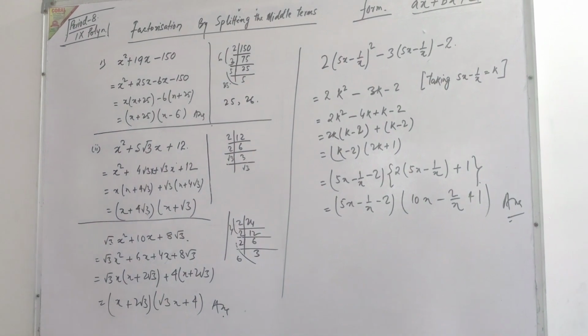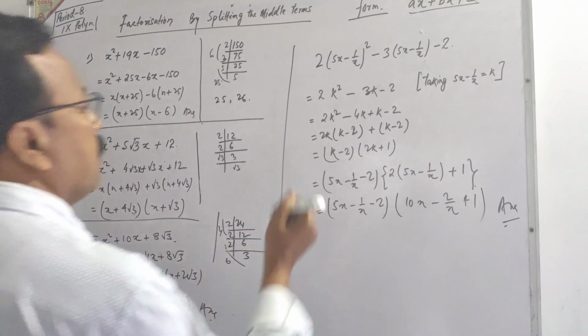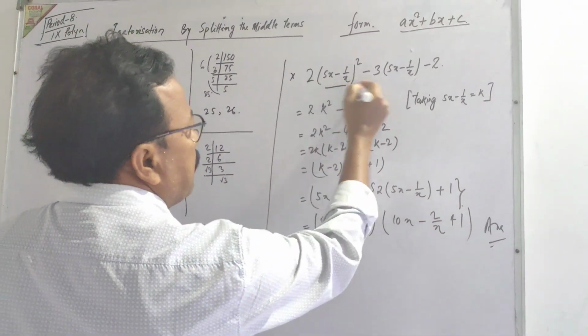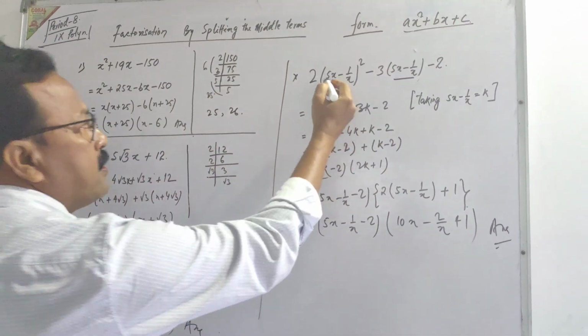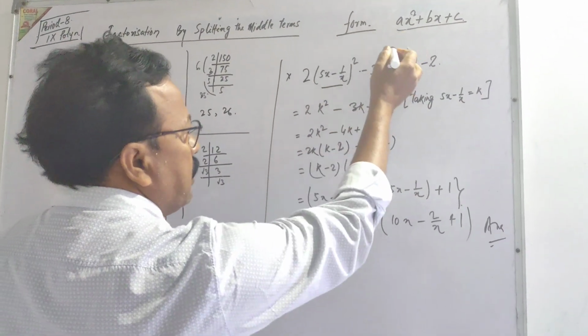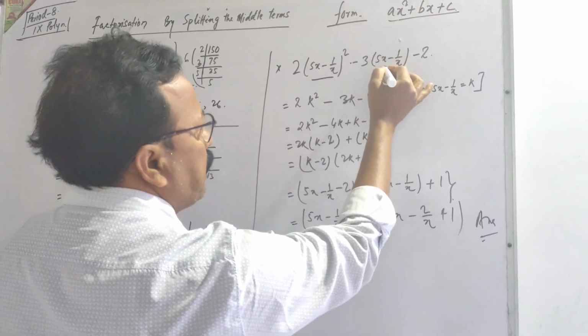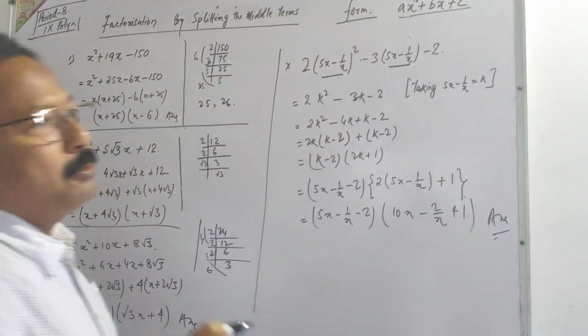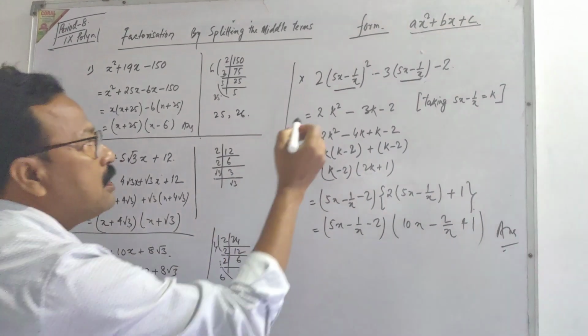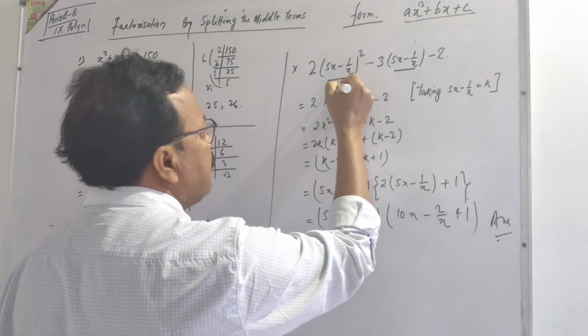This is another question, in which a term is repeating itself. Here is 5x minus 1 upon x whole square, and here is 3 multiplied by 5x minus 1 upon x. Since the term is repeating itself, we have considered this one.